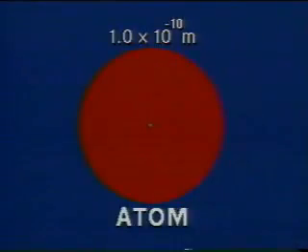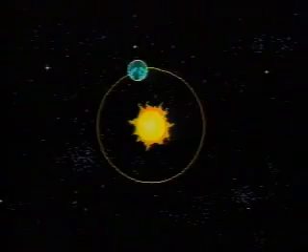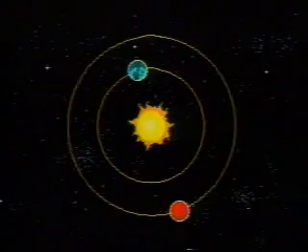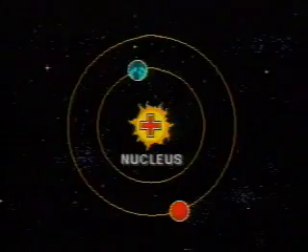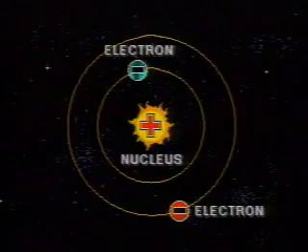It was Rutherford who coined the term nucleus and applied it to this tiny central core lost in the vast space of the atom. He proposed a structure for the atom which mimics, in miniature, the solar system. The tiny, heavy nucleus is orbited by lighter electrons.